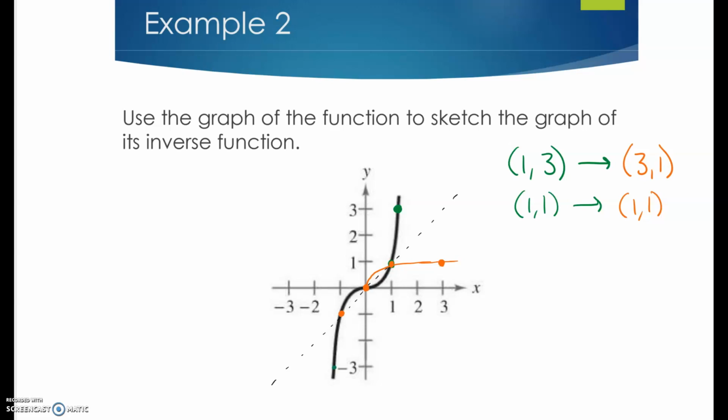But the point I really want you to focus on is the point (-1, -3). It is going to become the point (-3, -1), right about here. So then this is going to curve around like this, and then go out to this point. There is our inverse. I think I put that dot a little bit too high. There we go.